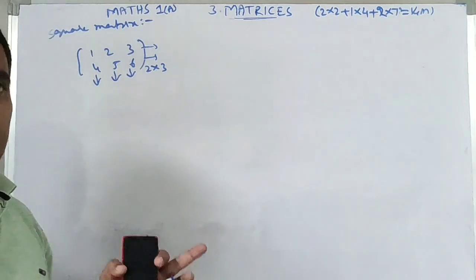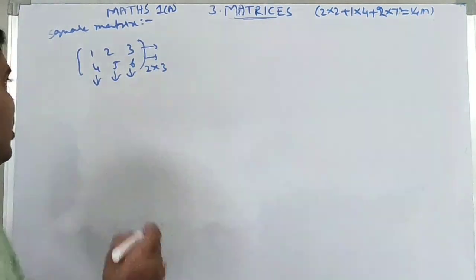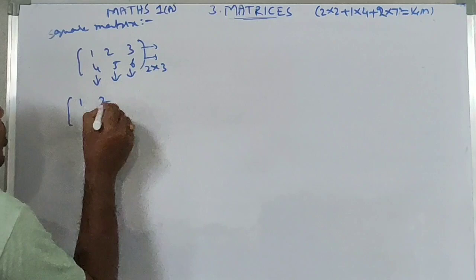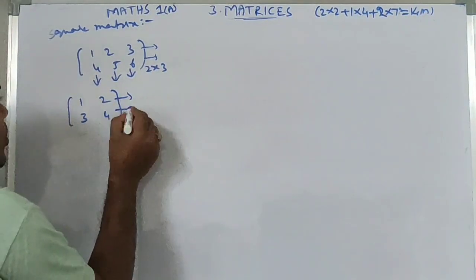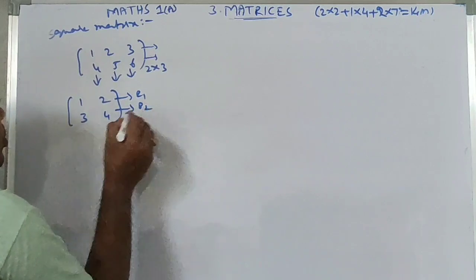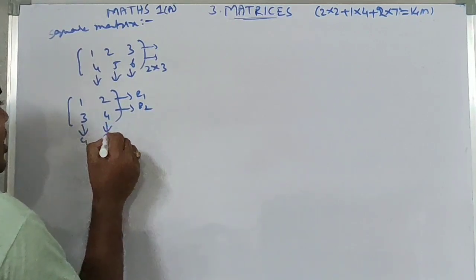A square matrix is one where the number of rows and number of columns are equal. For example, I am taking 1, 2, 3, 4. This is the first row, second row, first column, second column.